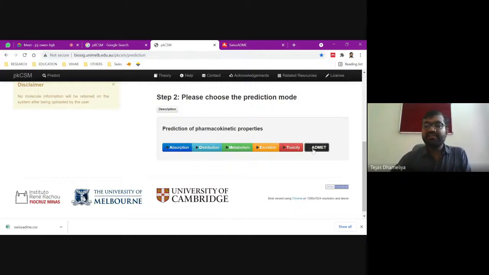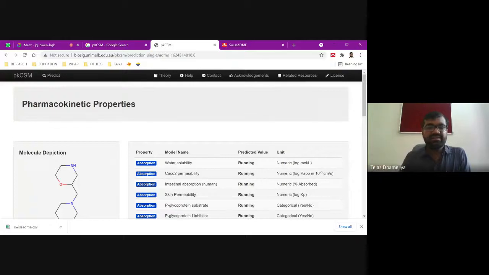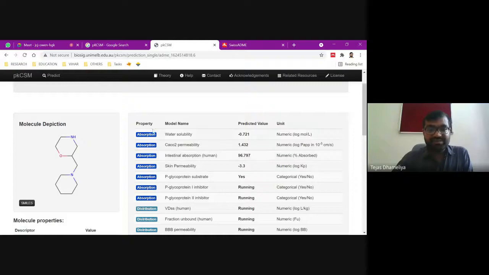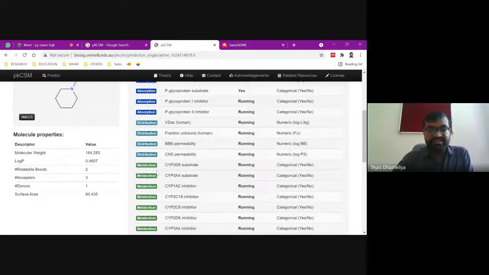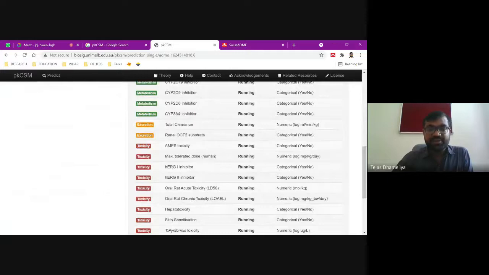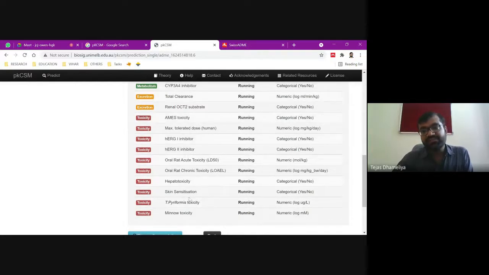If you click on ADMET, the black button, it will calculate all the properties. It may take time. You can see all these absorption properties, distribution properties, metabolism, excretion, total clearance, renal clearance, and OCT2 substrate being calculated.